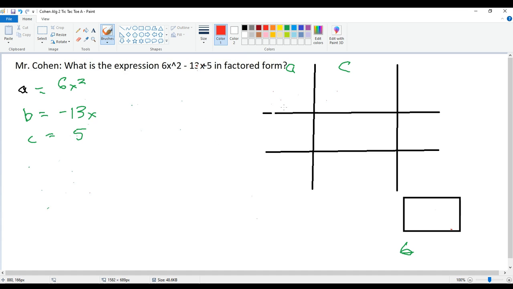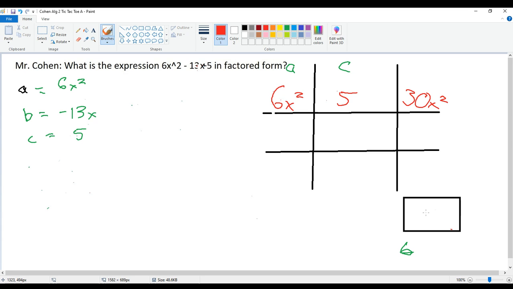And this is our first example, so there's a couple of rules you need to apply here. We have 6x squared in our first tic-tac-toe. We have 5 as our c term. We're going to multiply these together, 6x squared times 5. Remember, x squared is just x times x, but it cannot be combined with regular x. It is 30x squared because we multiply the units.